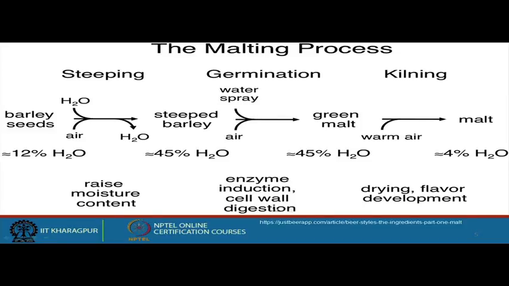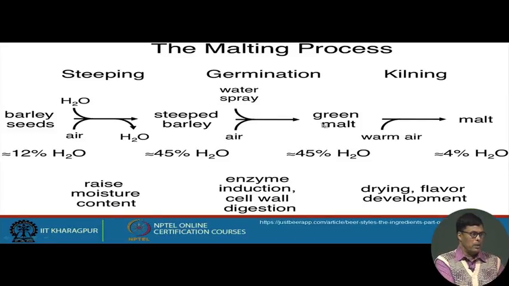Enzyme induction and cell wall digestion take place, and we get the green malt. Then we dry this so that the moisture content comes to 4%. We make it into powder and use it as a malted food, or as the raw material for the beer making industries.